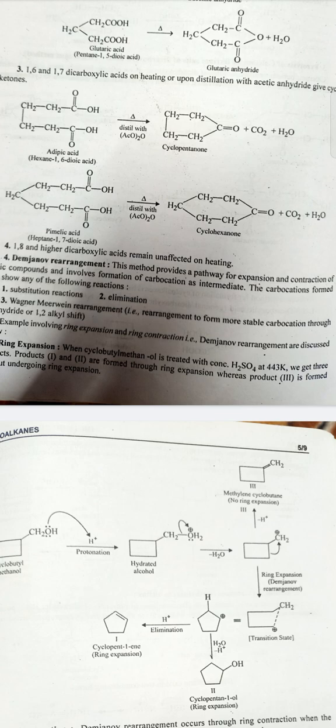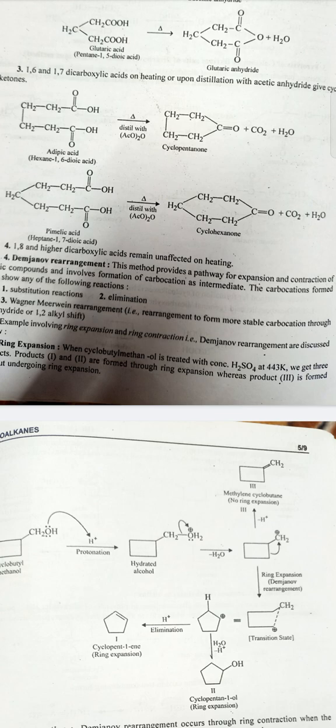4th. Demjanov rearrangement. This method provides a pathway for expansion and contraction of cyclic compounds and involves formation of carbocation as intermediate. The carbocations formed may show any of the following reactions. Number 1. Substitution reaction. Number 2. Elimination.